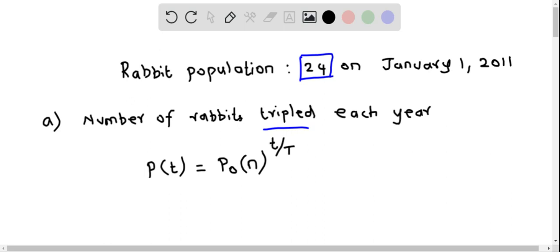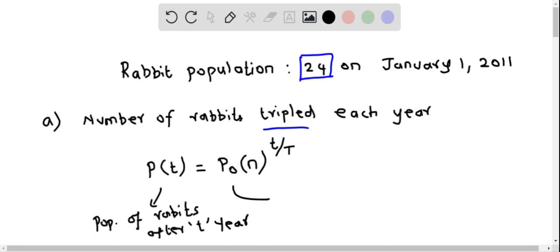uppercase T. Let me explain the terms in this model. This represents the population of rabbits after t years, and P naught represents the initial population of the rabbits.